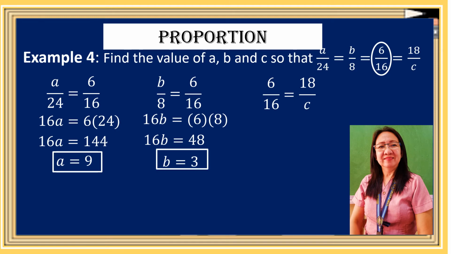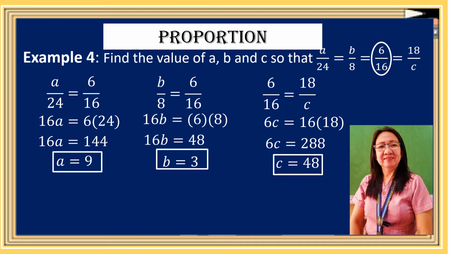Then finally, let us solve for C using the same process. 6 times C is 6C. Then 16 times 18 is 288. And divide both sides by 6, so the value of C is 48.